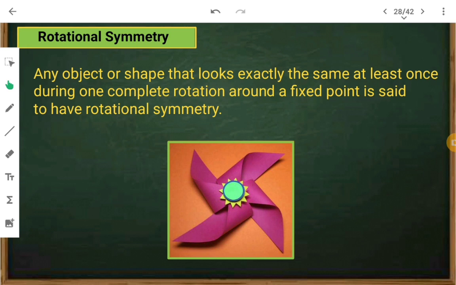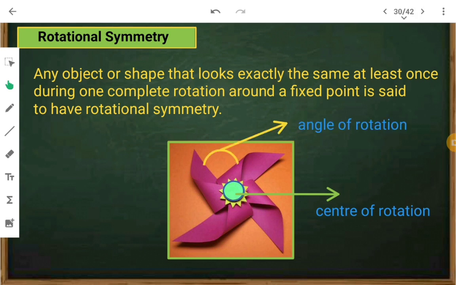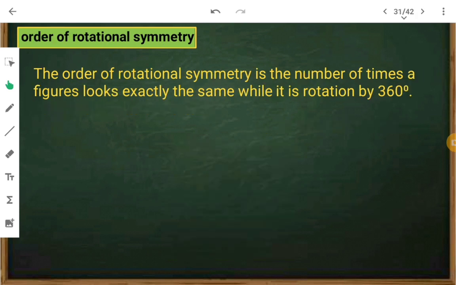In this, we have mainly two concepts. One is the center of rotation, where it is folded. This point we call the center of rotation. And another one is the angle of rotation. This angle we call the angle of rotation. Now, order of rotational symmetry.